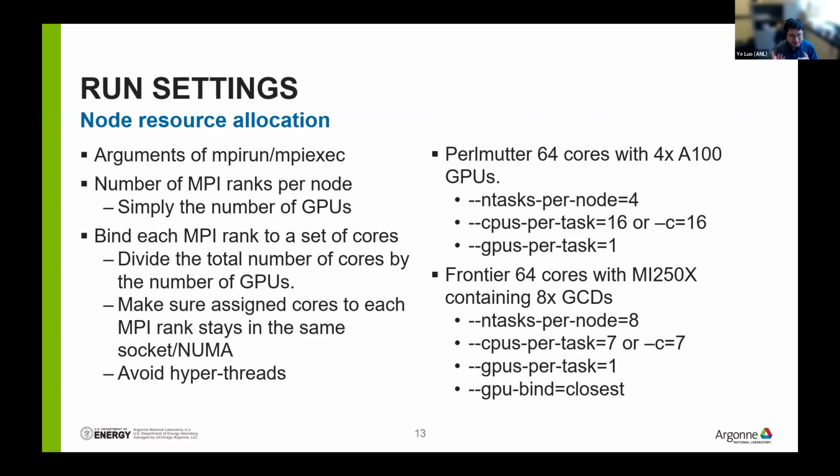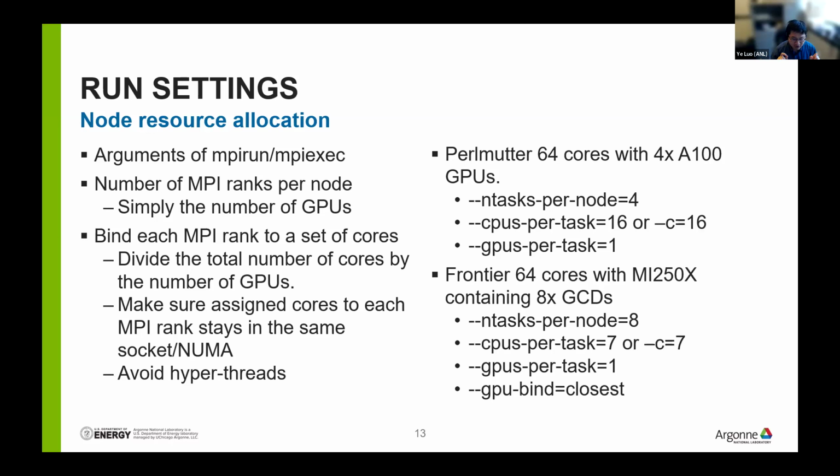Okay. So on the right side, I'm showing you how to do the math. Perlmutter has 64 cores per node with 4 A100 GPUs. As I mentioned, the number of GPUs is 4, so the tasks per node is 4. Then you divide 64, because we don't use hyperthreads, so you only have 64 cores. Divide 64 by 4, and you get 16.